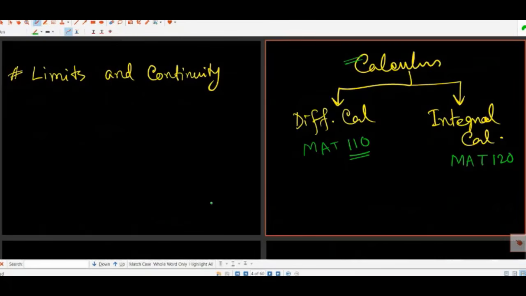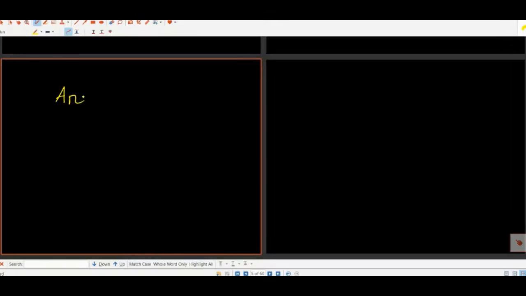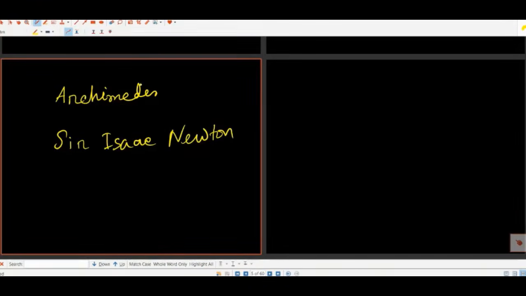So whenever the term calculus comes to our mind, you can think about the Greek mathematician Archimedes. So the idea of calculus was first introduced by Greek mathematician Archimedes. And then the main formulation of calculus was done by Sir Isaac Newton and Gottfried Wilhelm von Leibniz.